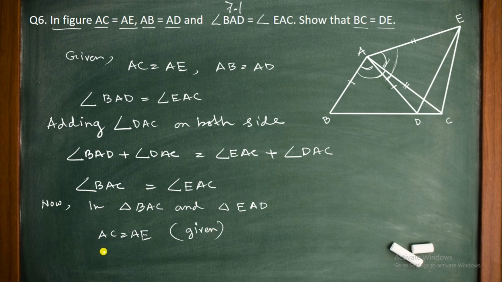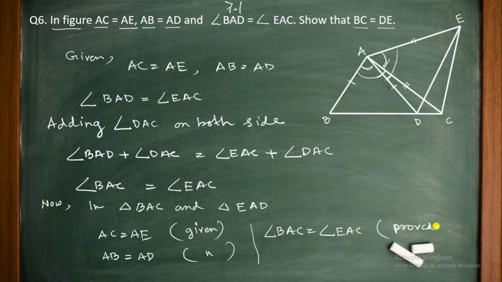Again we can write here AB is equal to AD. It is also given. One thing is given, that angle BAC is equal to angle EAD. This one we have proved.